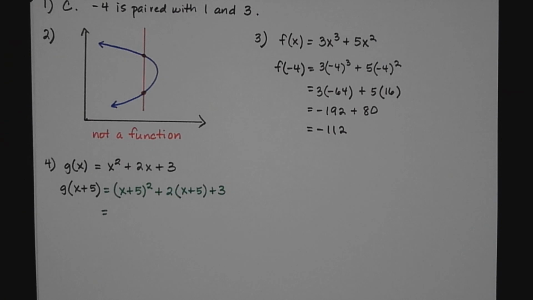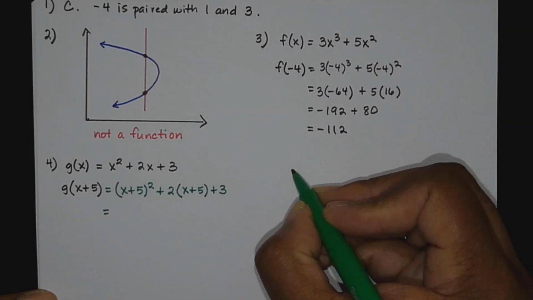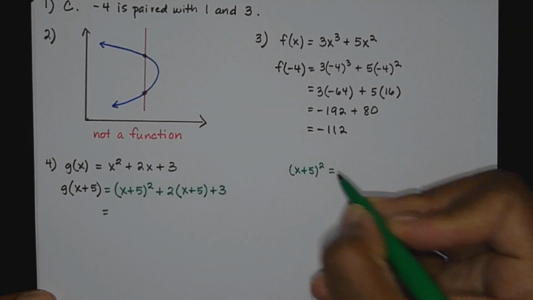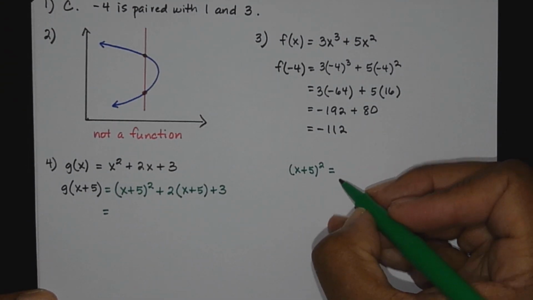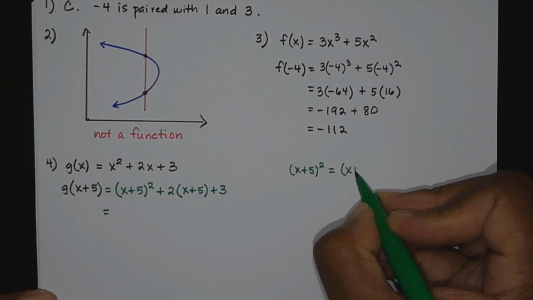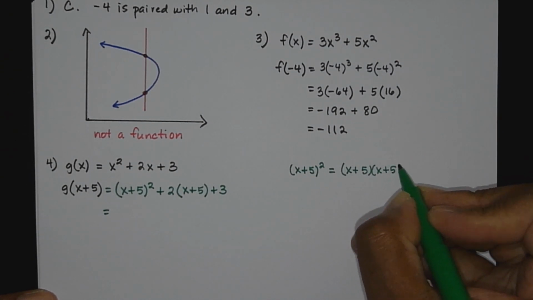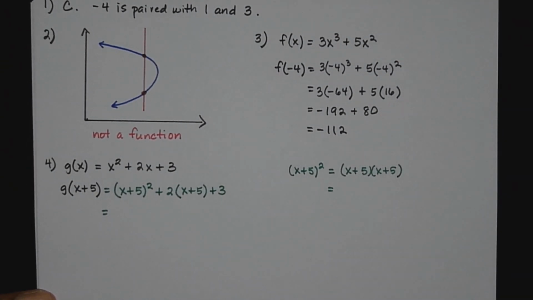Okay, so now let's simplify this. For that x plus 5 quantity squared, I'm going to do this off to the side, because x plus 5 quantity squared means that x plus 5 is used as a factor 2 times. So I'm going to write x plus 5 twice, as x plus 5 times x plus 5, and then apply the FOIL method.